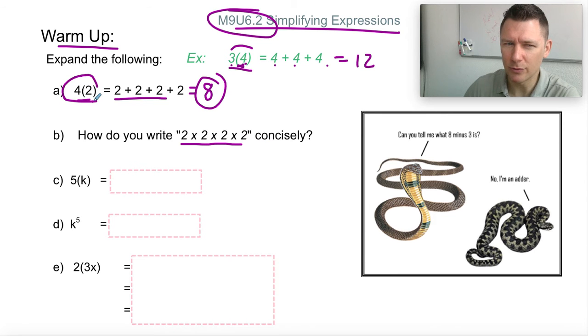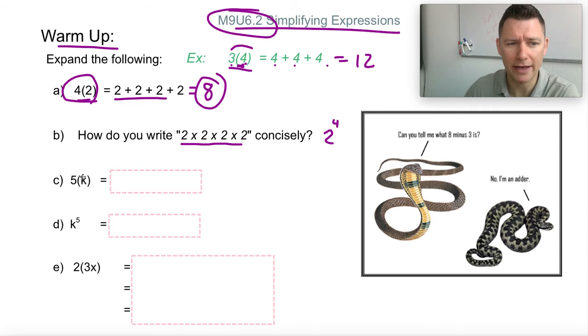So we can't write it like this. If you're multiplying, that means adding, right? When you're multiplying, this is saying I have 2's being multiplied together 4 times, and that's how we write that. So similarly with this, I have k's added together.